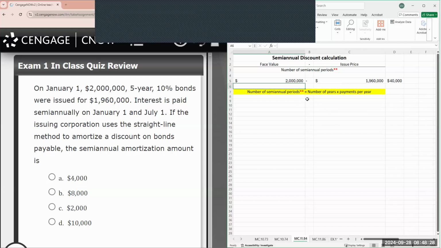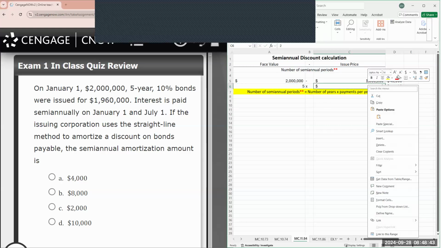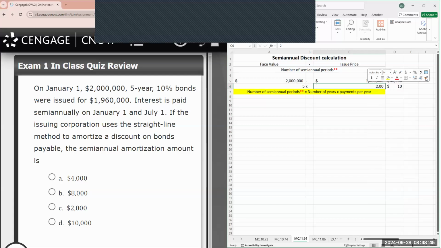So the number of years is 5 years, and the payments per year is 2. So therefore, 5 times 2, so 5 times 2 is 10.